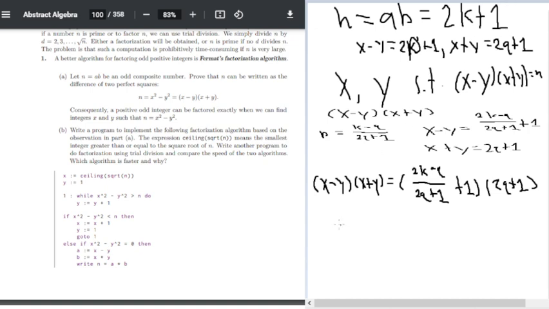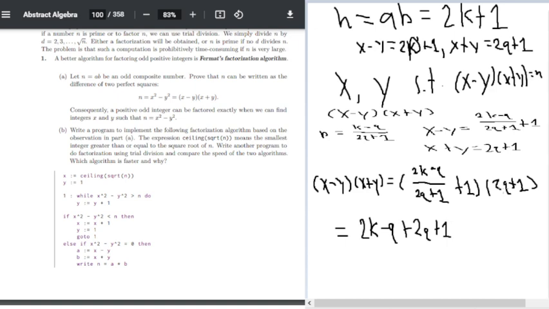Which when we factor this out will give us 2k minus q plus 2q plus 1. Oh wait, now how am I doing this? Wait, let me think.